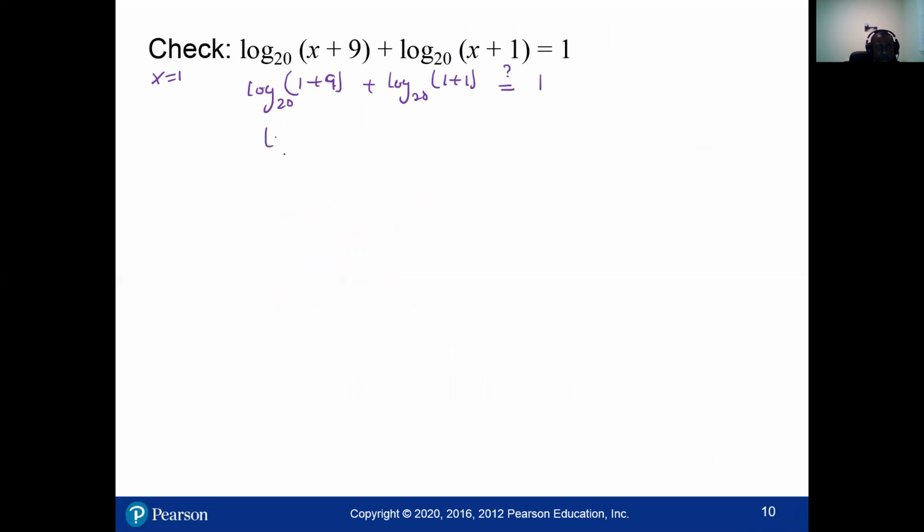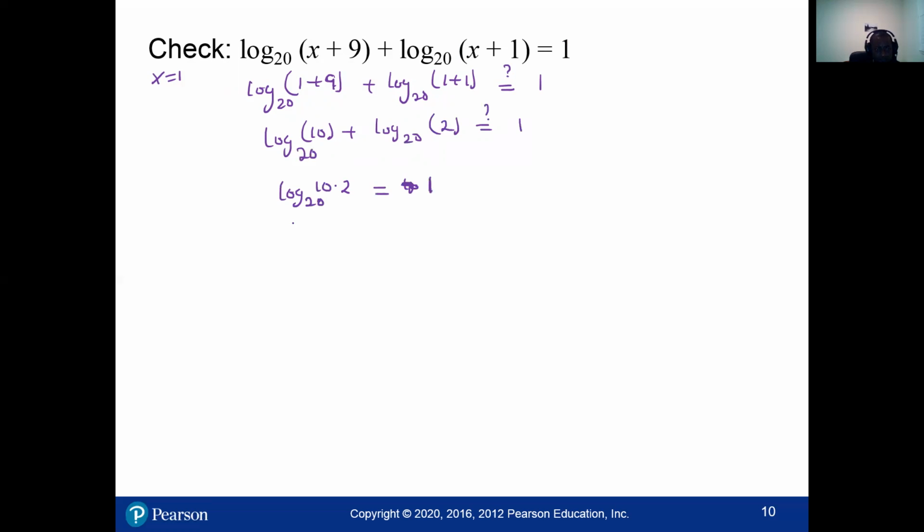So we have log base 20 of 10 plus log base 20 of 2. The sum of logs becomes a product, so log base 20 of 10 times 2 is equal to 1.